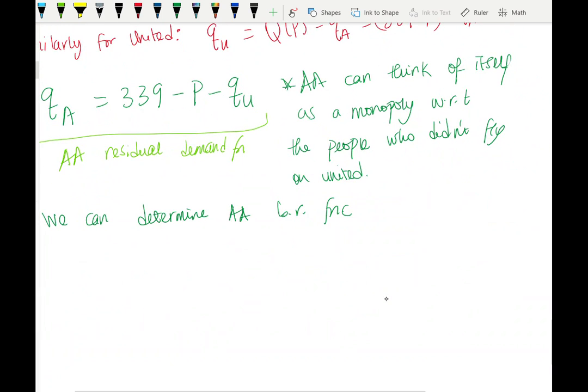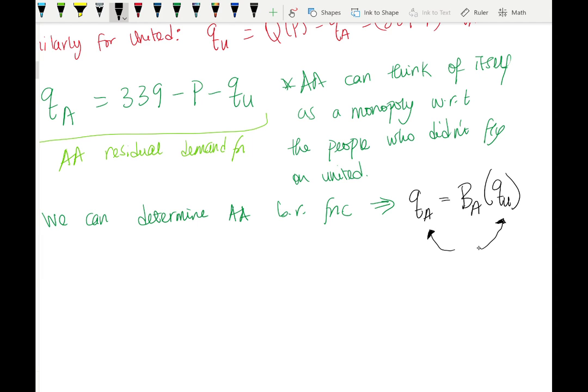So the best response function is whatever quantity American chooses, that's going to be dependent on the quantity United chooses. Okay, so we would say that American's choice of quantity is dependent on United's choice of quantity.